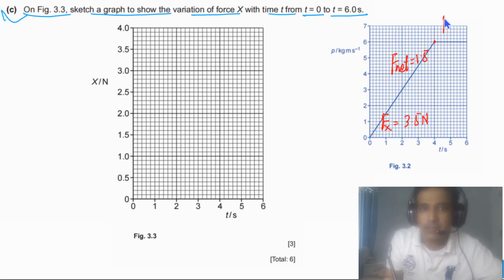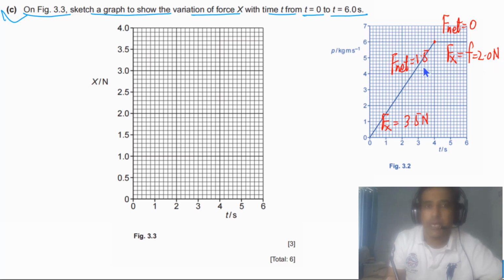Between 4 and 6 seconds F net is equal to 0. So the value of X has to be equal to friction, and the value of friction is 2.0 newtons.